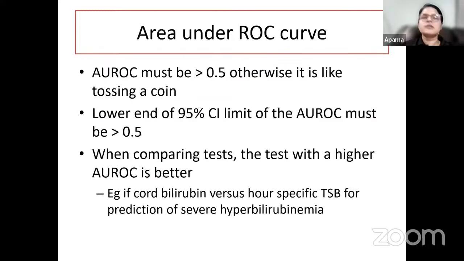So far we have discussed sensitivity. Sensitivity is given by the calculation A by A plus C, if you remember from the 2 by 2 table. So in the denominator you have the total true positives, and in the numerator you have the test positives. Among the total diseased population, how many tested positive is represented by sensitivity.